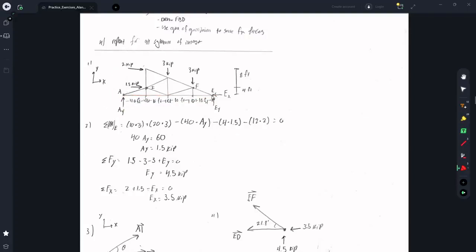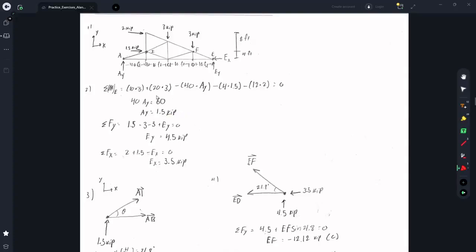And then the final 2 forces, we have 4 feet times this 1.5 kilopound force here, and that is clockwise, so negative. And then finally 4 plus 8, 12 times the 2 kilopound force, and that is also clockwise and negative. So summing all of these together, we can solve for AY, which is 1.5 kilopounds.